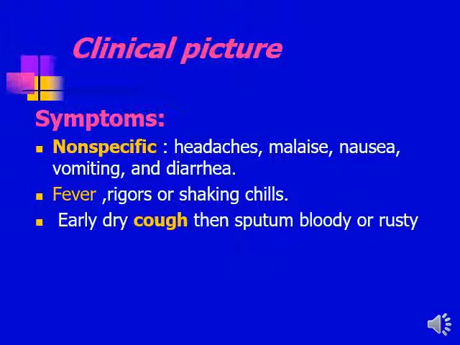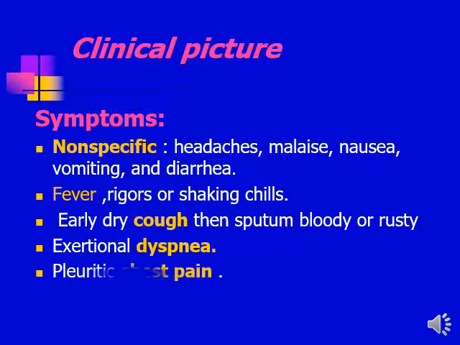The sputum may be bloody due to RBCs escaping into the alveoli and coming with the sputum, or may be rusty when the RBCs are destroyed and the hemoglobin is turned into hemosiderin, giving the rusty color. Of course, there will be exertional dyspnea and pleuritic chest pain, but pleuritic chest pain occurs mainly when the pneumonia is close to the pleura, because we know that the parietal pleura is the only part of the respiratory system that has sensory innervation.